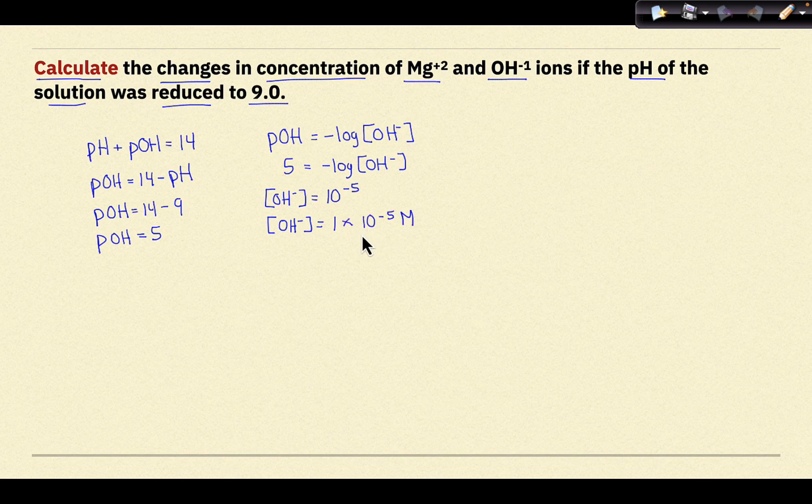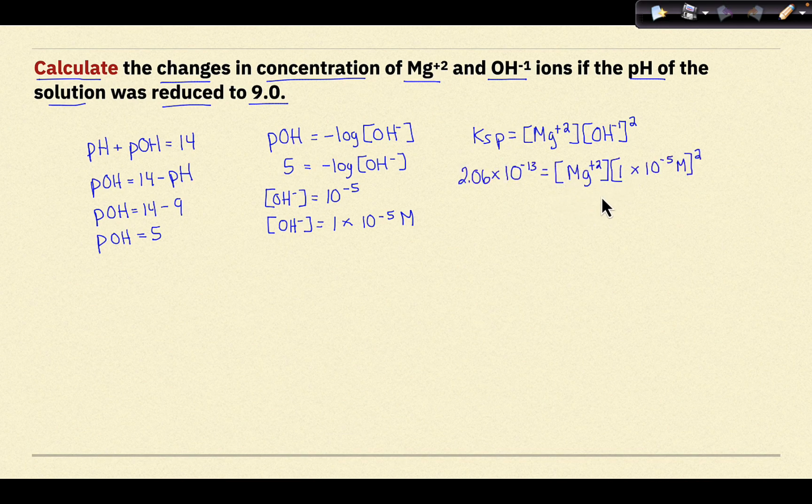Like the previous problem, once we have the hydroxide ion concentration and we have the Ksp value, we can plug this into the Ksp expression of Mg+2 times OH-1 squared. We'll plug in our values and solve for the magnesium ion concentration. Our magnesium ion concentration is equal to 2.06 times 10 to the negative 3 molar.